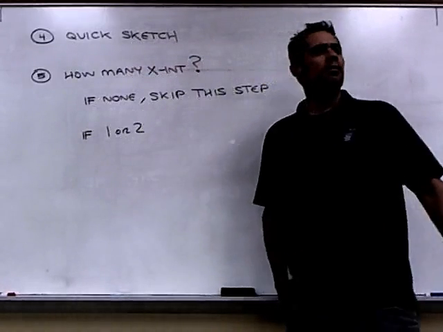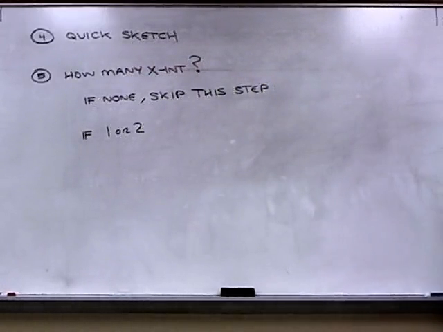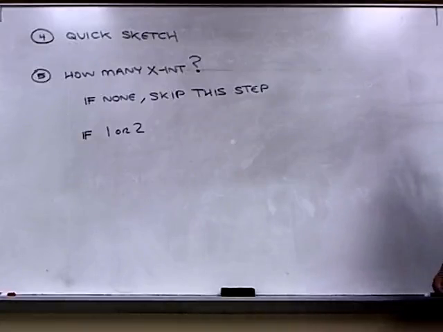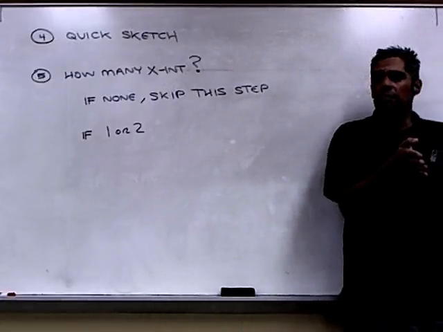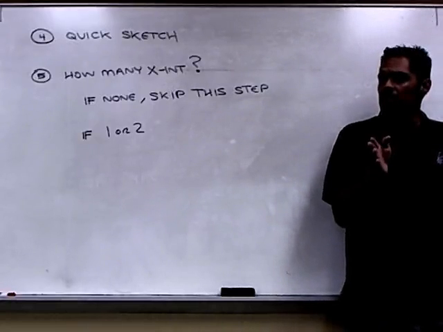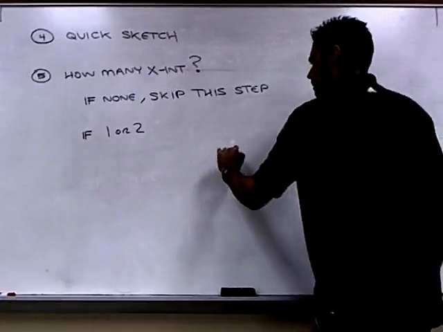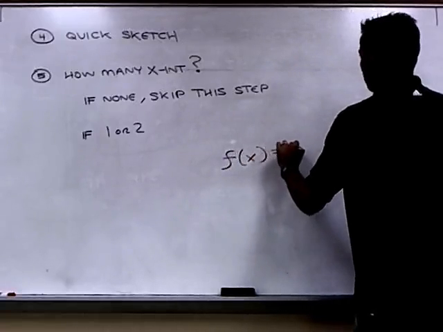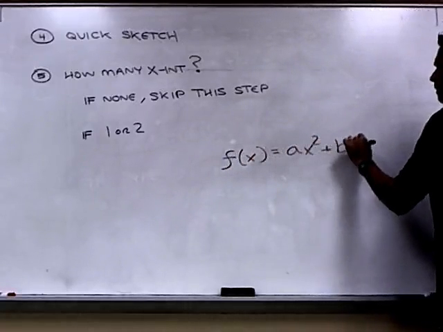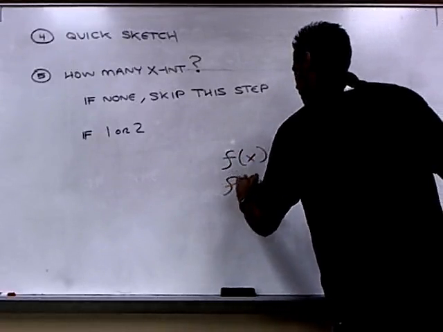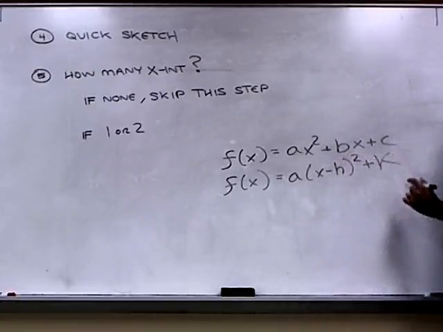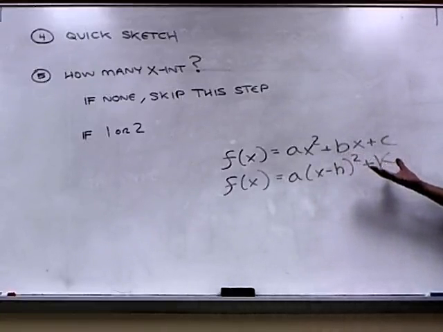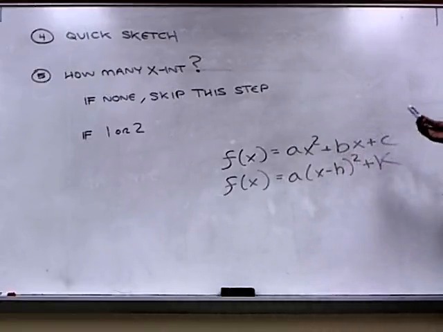How do we find x-intercepts? Do you remember how we found x-intercepts when we were doing lines? You set y to 0. Now, with our functions, we don't have y, do we? But what did we replace the y with when we came up with this function notation?